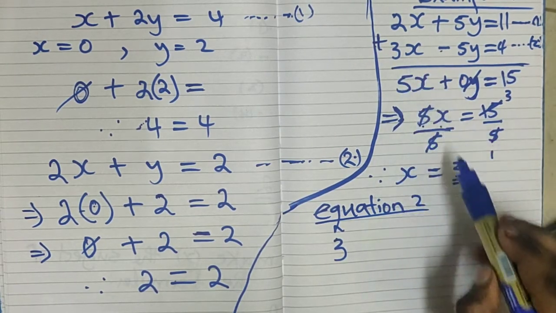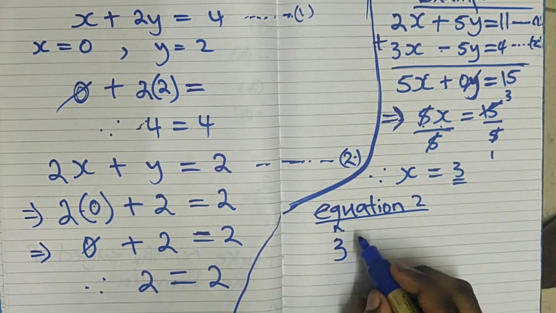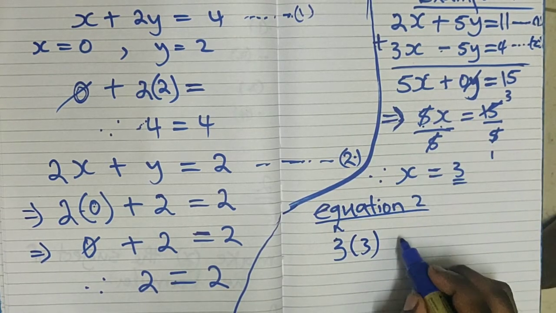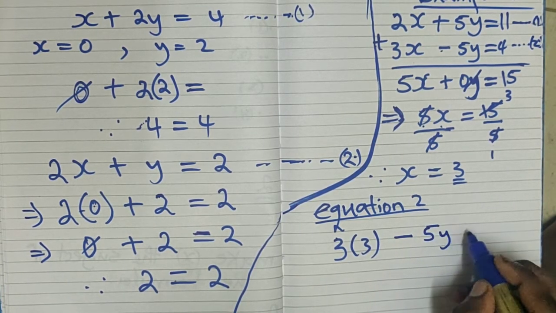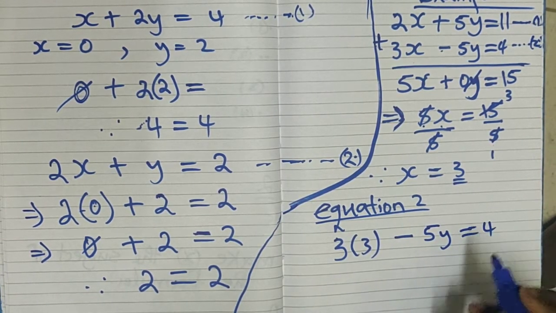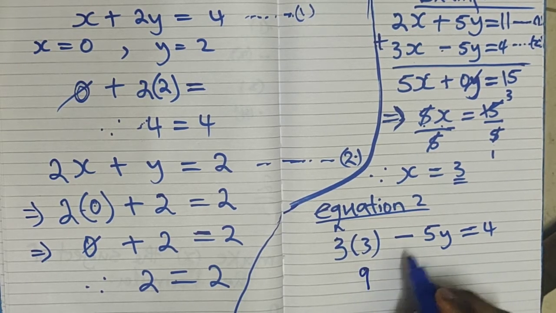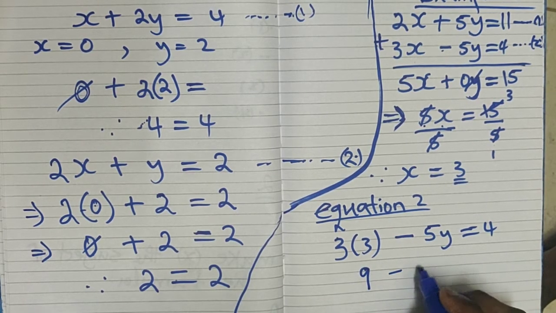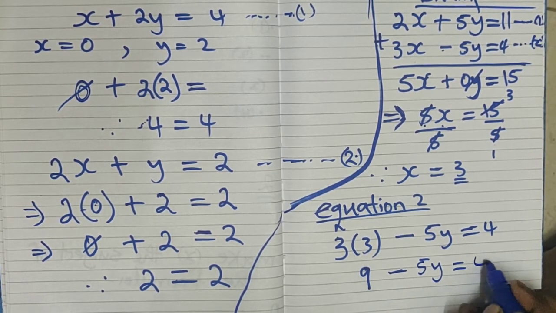In the place of x, we substitute 3. So we have 3 times 3 minus 5y equals 4. Now 3 times 3 is 9. We have 9 minus 5y equals 4.